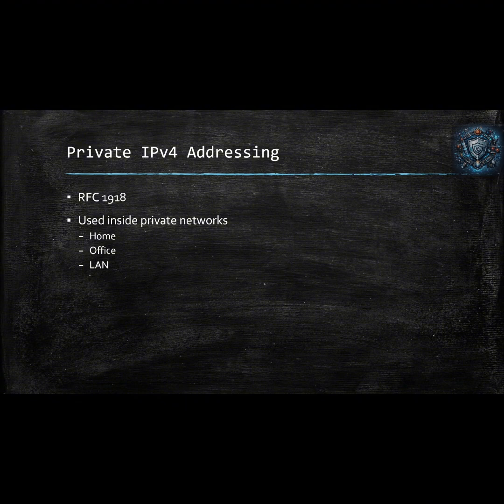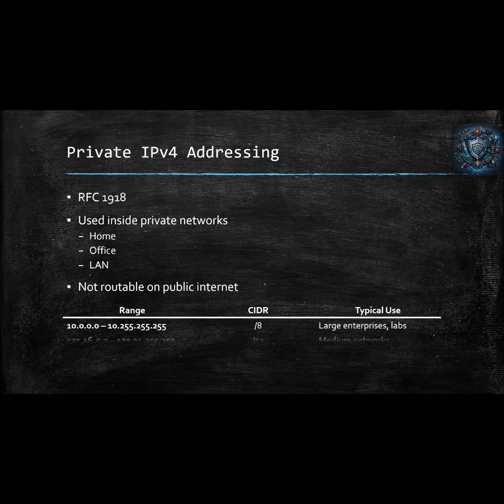Inside your local area network is more than likely going to be private or RFC 1918 addresses. These are not routable on the public internet. And what that means is that for a private address at home for you, if you check your IP address right now, it probably falls in one of those ranges that you see below. Those are your RFC 1918 addresses.